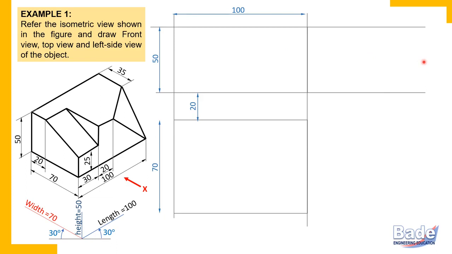But what is very important is how to draw projectors from the top view to the side view. This width, which is 70 millimeters and is vertical in the top view, appears horizontal in the side view. So how do we transfer or project this width so that the width which is vertical in the top view appears horizontal in the side view?